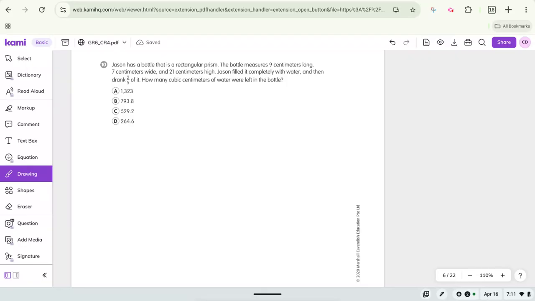This is the key. How many centimeters of water were left? First, let's find out how much water was in the bottle. If it was completely full, we know to find the volume of a rectangular prism, we're going to do the area of the base times the height. And when the base is a rectangle, that simply means the base is length times width times height.